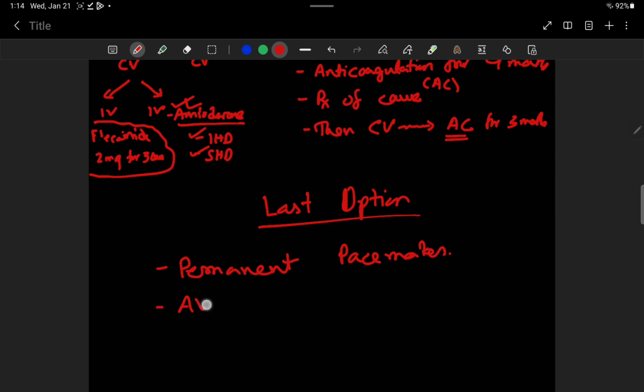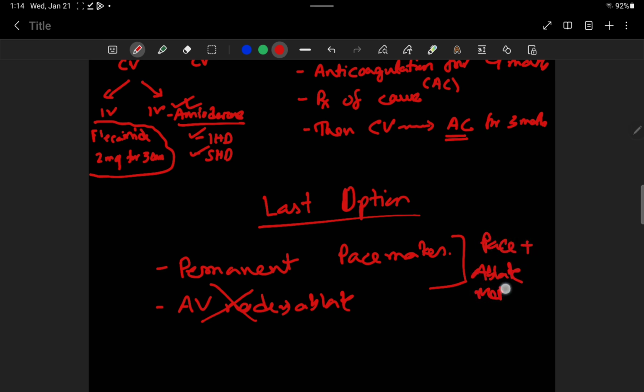Your AV node, you will deliberately ablate it, and you give a permanent pacemaker. That is why it is known as the pace plus ablate method. It is used in the most severe cases when the above options are not working, then we'll go for this last option in severe and refractory cases.